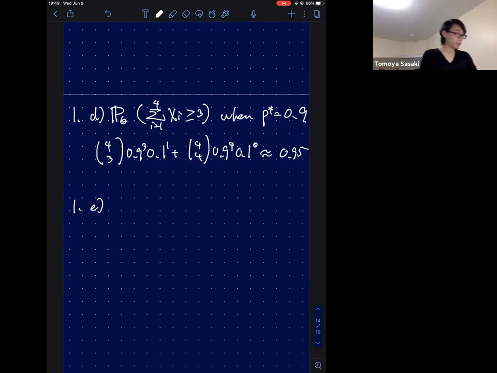And let's do 1E. This is also a little bit tricky question. So suppose that psi is equal to 1, right?